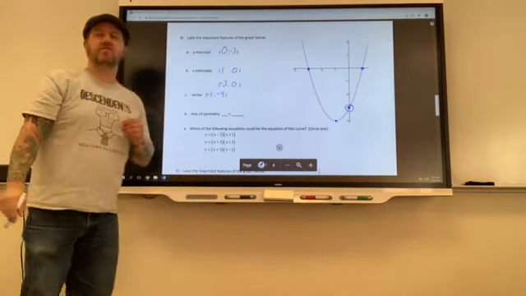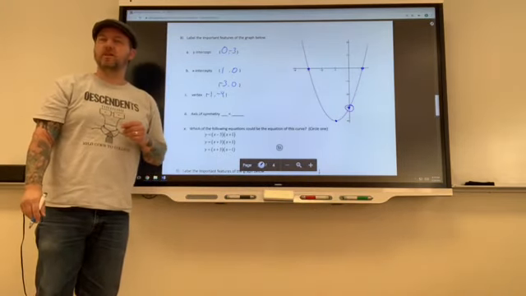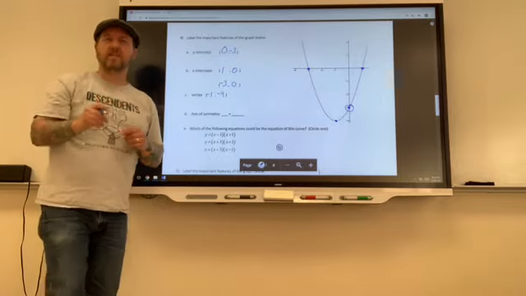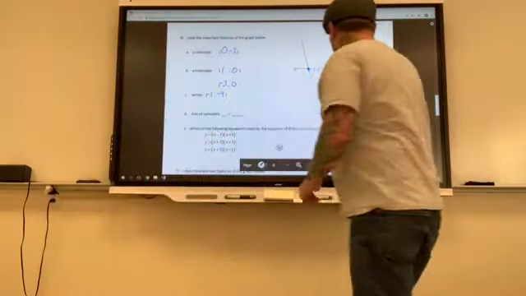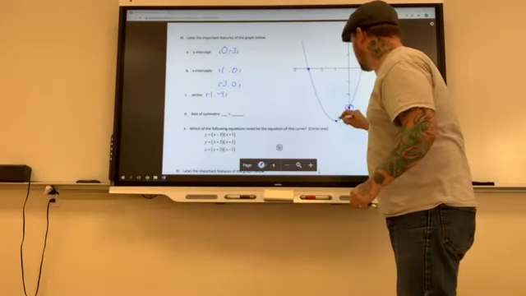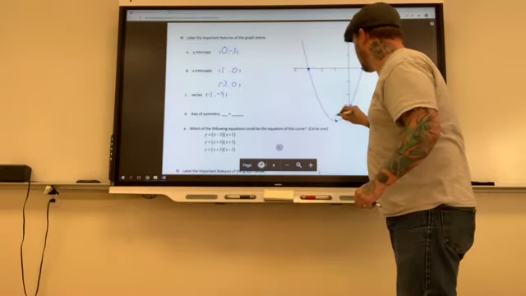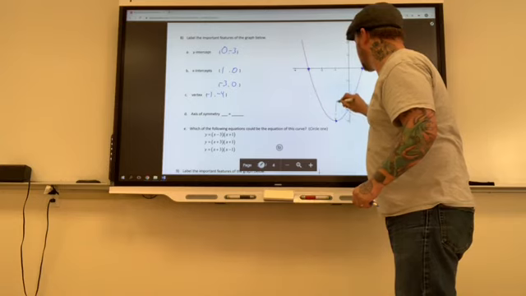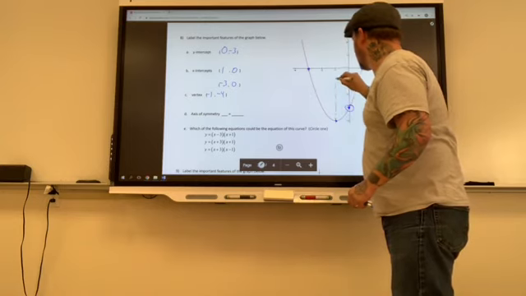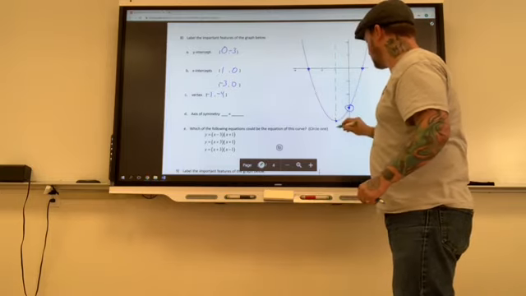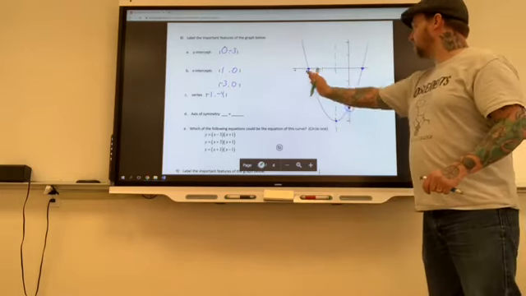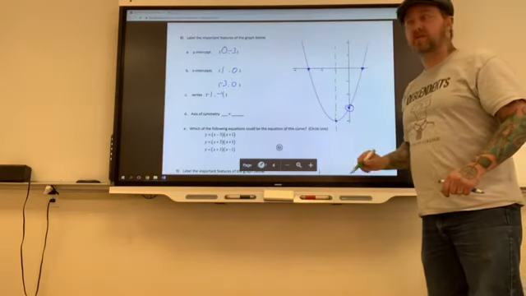Axis of symmetry. What does symmetry mean? That's right, it's the same on both sides. Good. So if I were to draw a vertical line through here, notice this is the same on both sides.